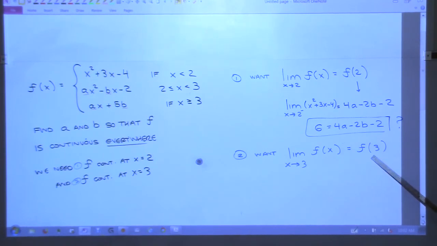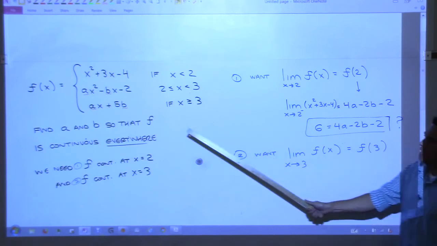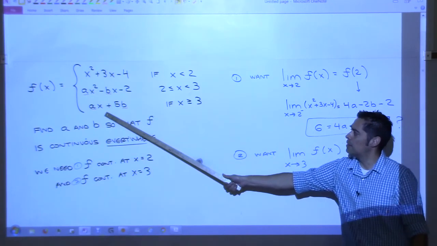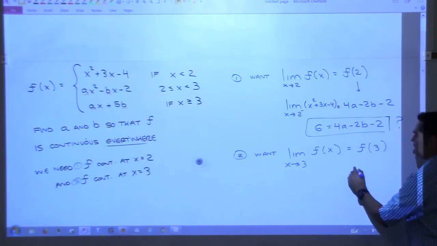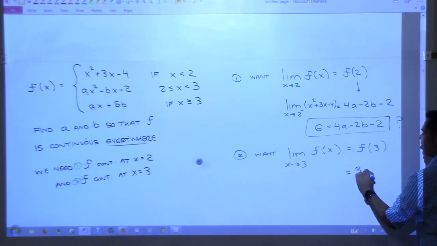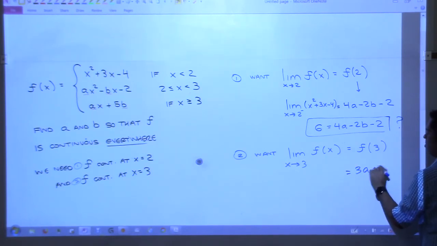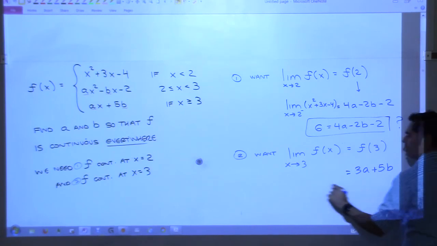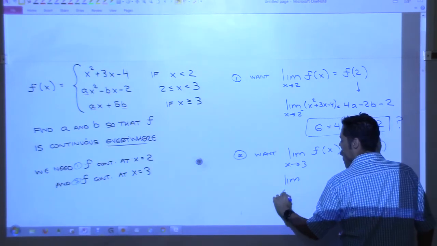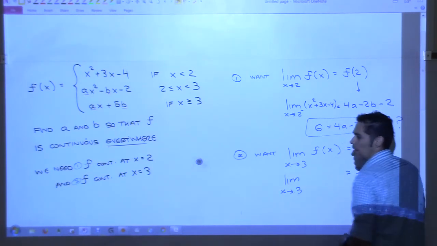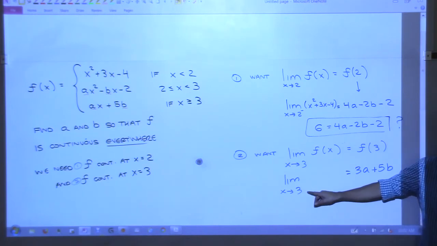Where do we plug in if we're going to plug 3 into this function? The bottom one. And we're replacing the x with 3. So the right side of this becomes 3a plus 5b. And now this limit that I'm about to take here, which side of 3 should I go after?